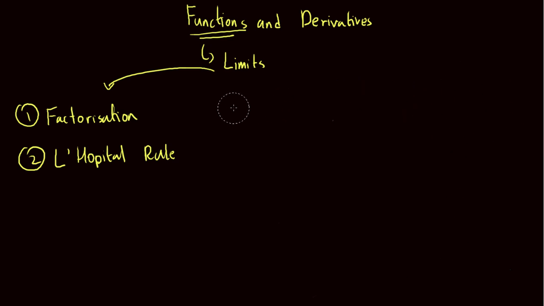What does L'Hopital's rule state? Let's say you have a function, the limit as x approaches a, in the form of f(x) over g(x).